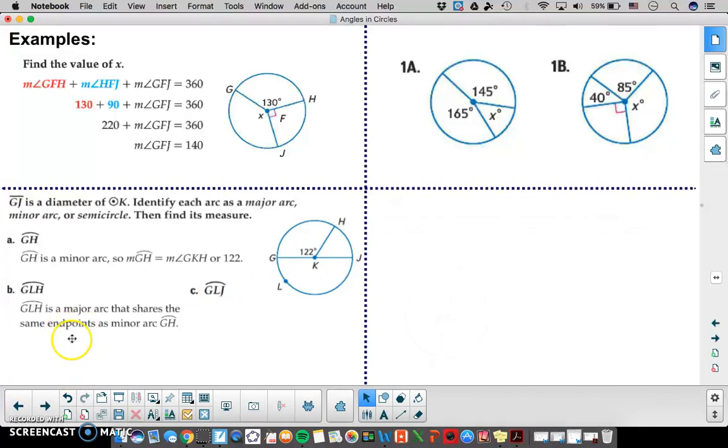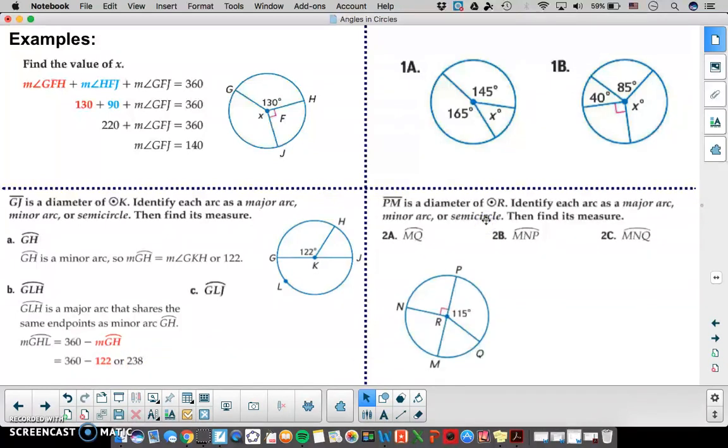In order to find the measure of that, we have that central angle that's a reflex angle on the other side of this 122 degrees. We know those two angles are supposed to add to 360. So 360 minus the measure of arc GH will give us the arc GLH, which is going to be 238 degrees.